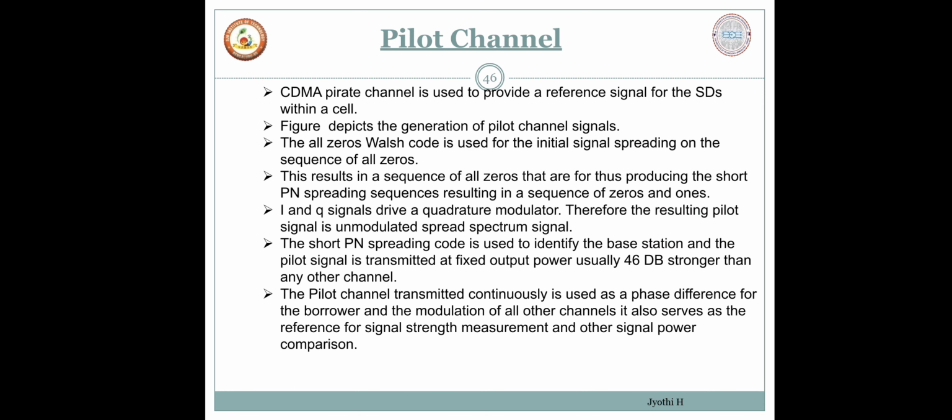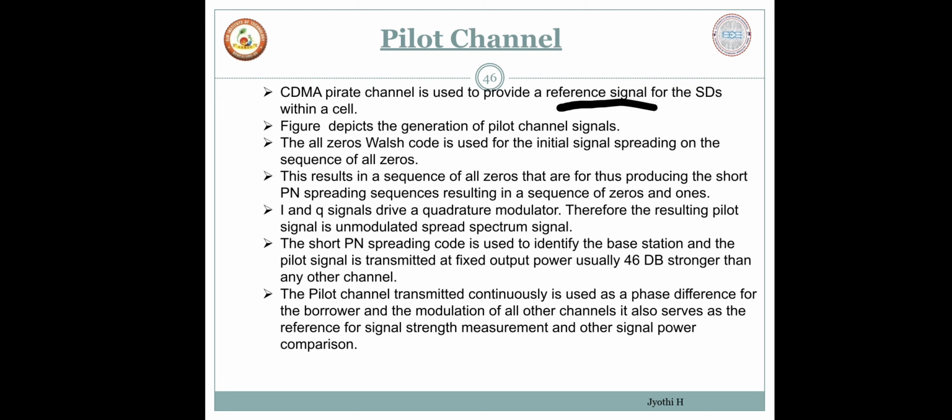The CDMA pilot channel is used to provide the reference signal for the mobile stations within the cell. The figure depicts the generation of the pilot channel signals. The all zeros Walsh code is used for the initial signal spreading on the sequence of all zeros.